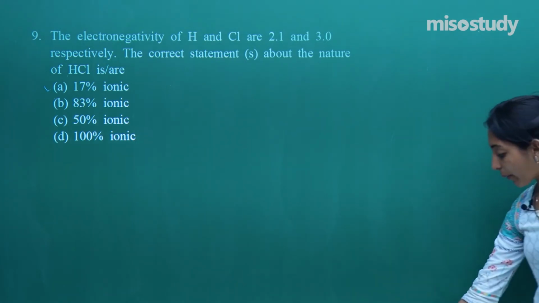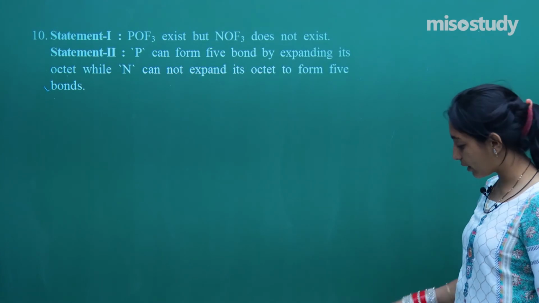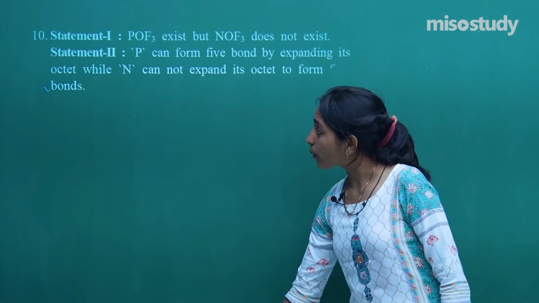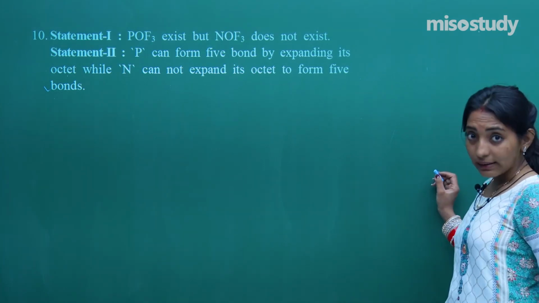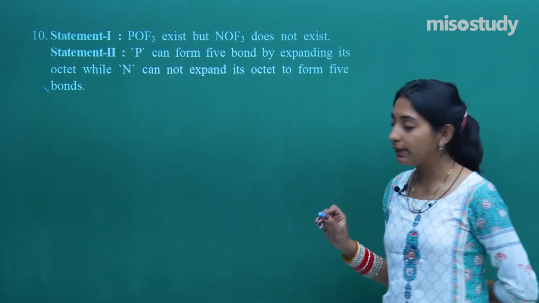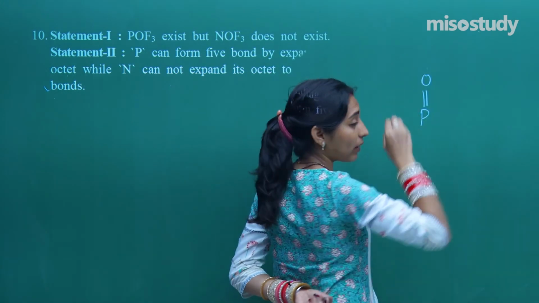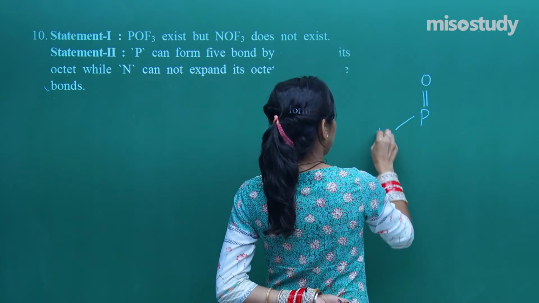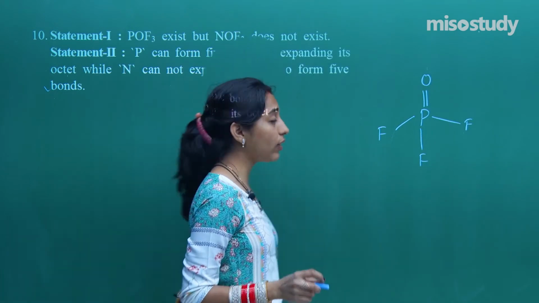And the 10th question was a statement type question, since I have shown it earlier also. This question says POF3 exists but NOF3 does not exist. Let's see. P can form a double bond with oxygen and 3 fluorines are there. So POF3 exists.